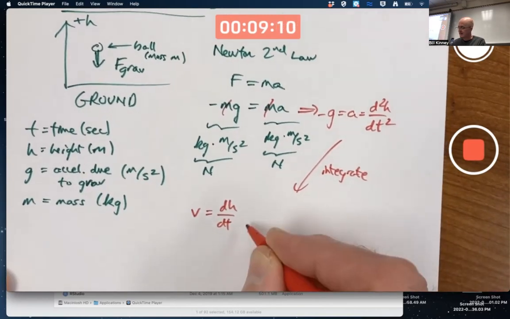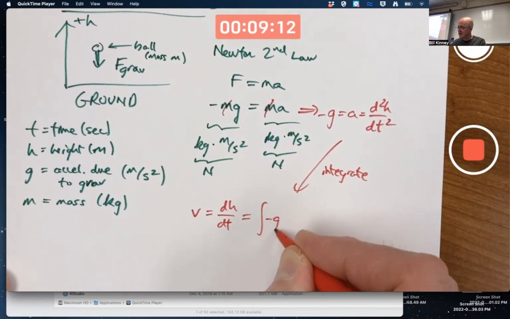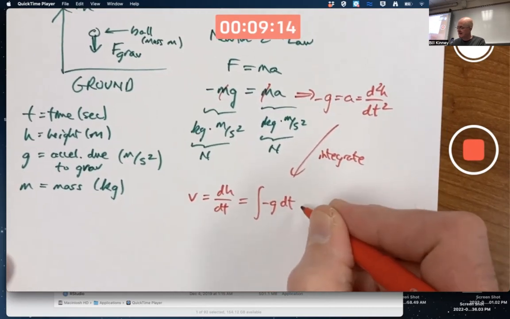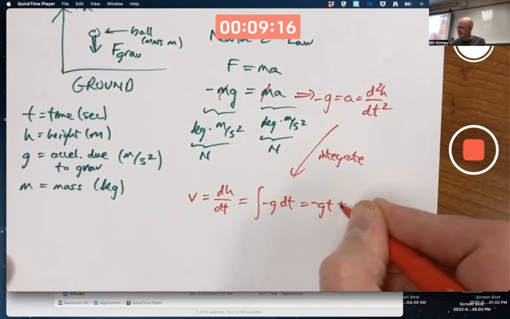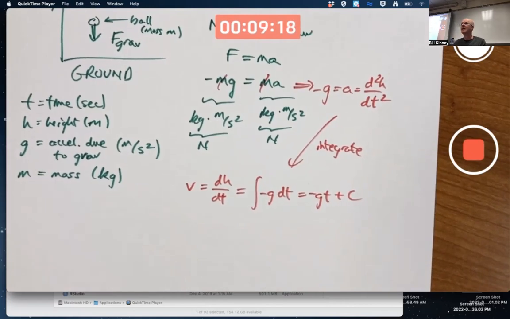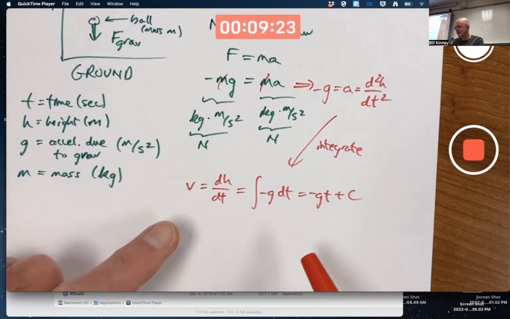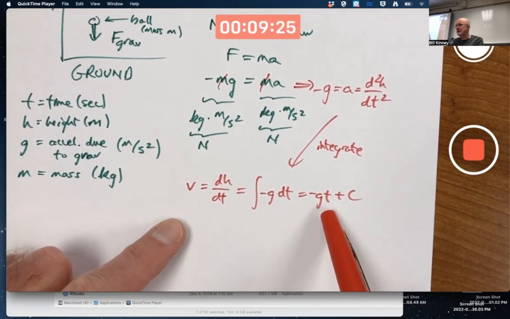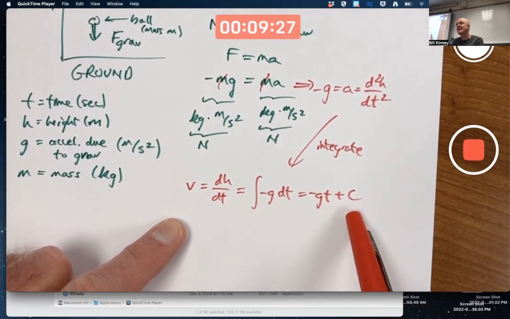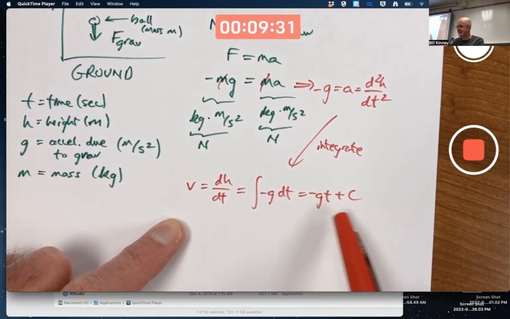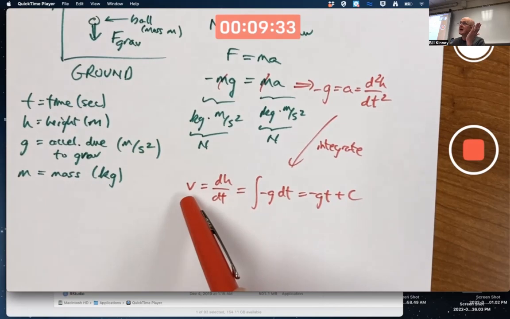Go ahead and write an integral sign, negative g with respect to t, to get negative gt plus c, though the c does happen to equal the initial velocity, because if you plug in t equals 0 into the right side, it simplifies to c. At time 0, the right side equals c, and at time 0, the left side equals whatever the initial velocity is. For our example, on Tuesday, it was 20.